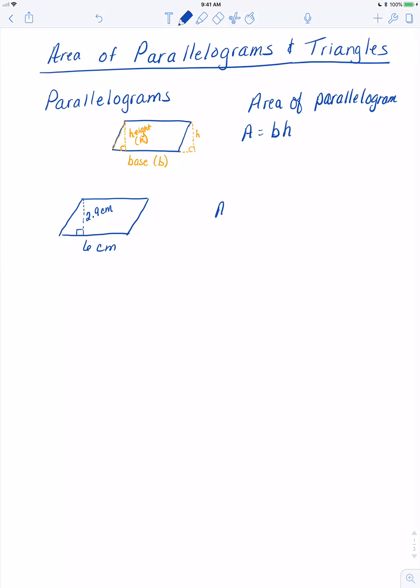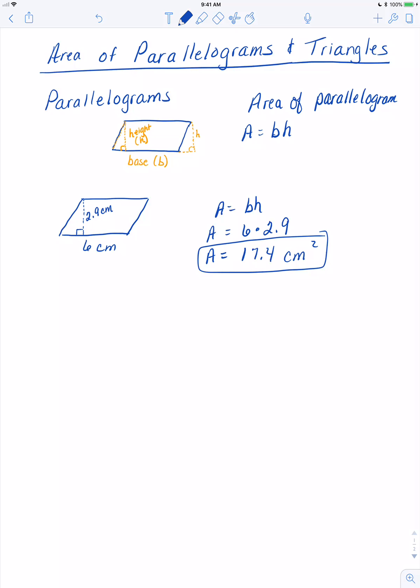Okay, so the area is base times height. So area is base, which is 6, times height, which is 2.9. So the area of this parallelogram is 17.4 centimeters squared.